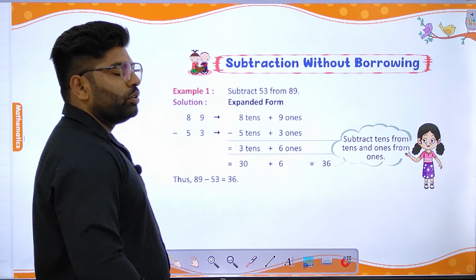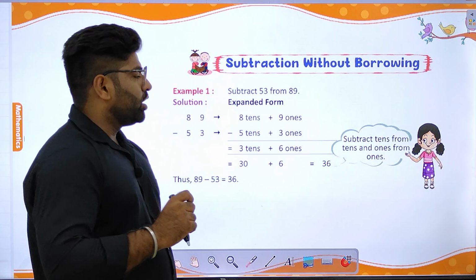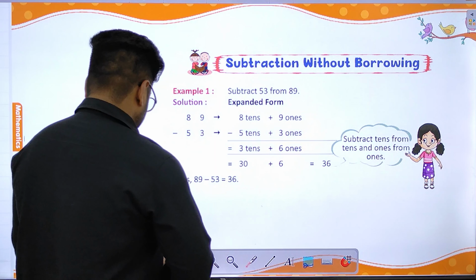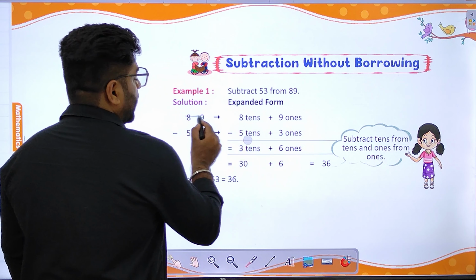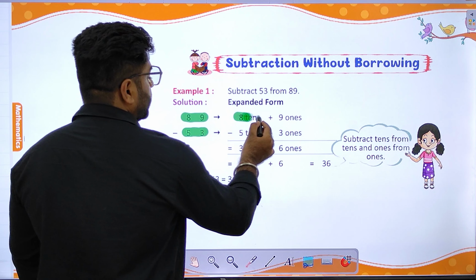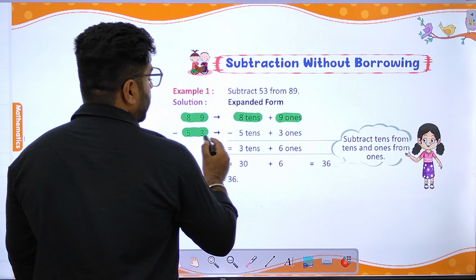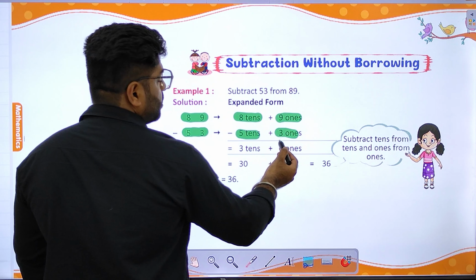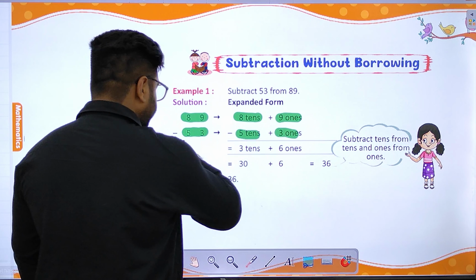Now what we have to do is simple subtraction. Same place is subtracted from same place. That's it. Just like here we have 89 and 53. If we see, this is 8 tens and 9 ones, and 5 tens and 3 ones.